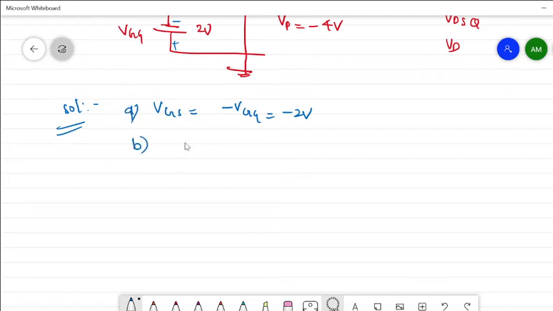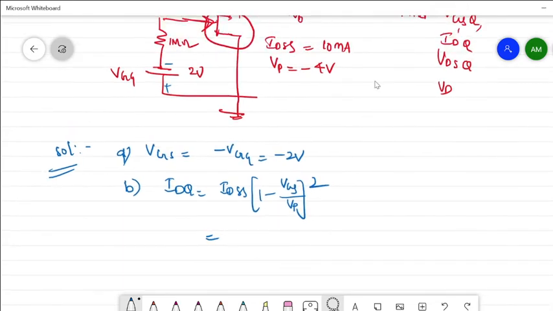Next, B bit, IDQ is equal to, already we know the formula, IDSS into 1 minus VGS by VP whole square. IDSS is given in the question, that value is 10 milliamperes. So 10 into 10 power minus 3, 1 minus VGS value, here found, that is minus 2 volts by VP value given in the problem, minus 4 volts, whole square.